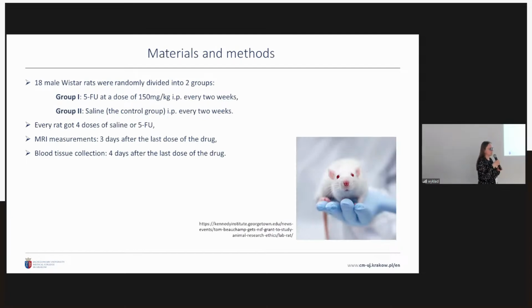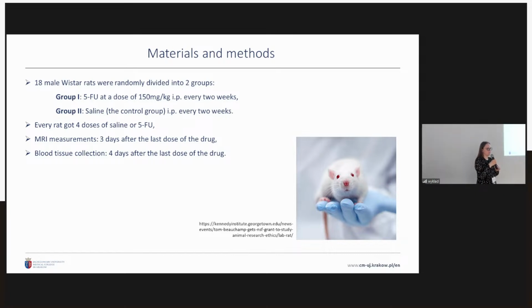The study included 18 male Wistar rats randomly divided into two groups. The first one, the research group, was administered 5-fluorouracil at a dose of 150 milligrams per kilogram intraperitoneally every 2 weeks. And the second one, the control group, received saline, also intraperitoneally every 2 weeks.